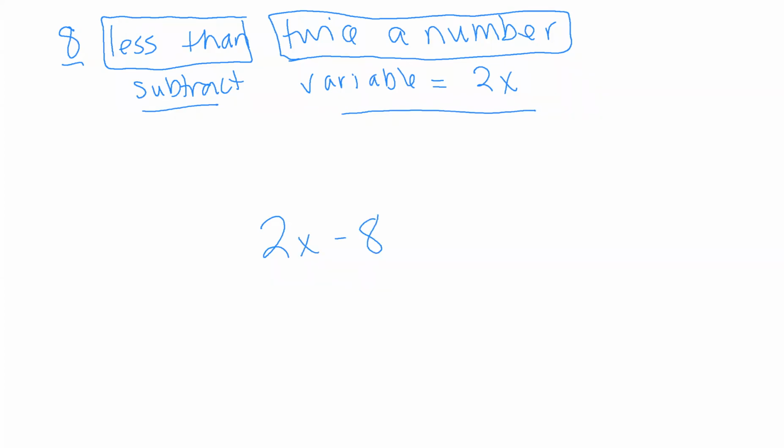Subtraction is one of the hardest ones to deal with because the way it is worded really does matter. So let me show you how we could change this one a little bit. The difference in this slide compared to the last slide is so subtle.